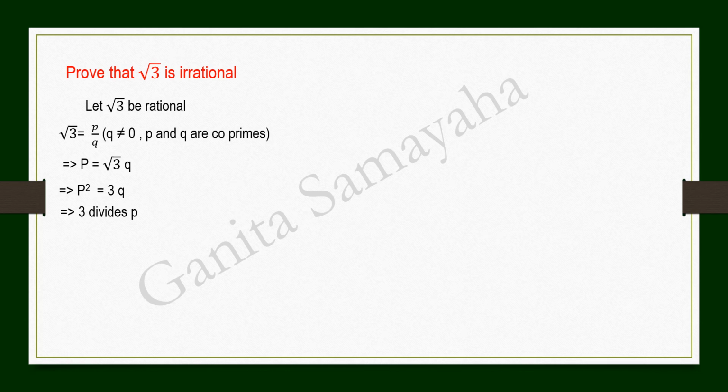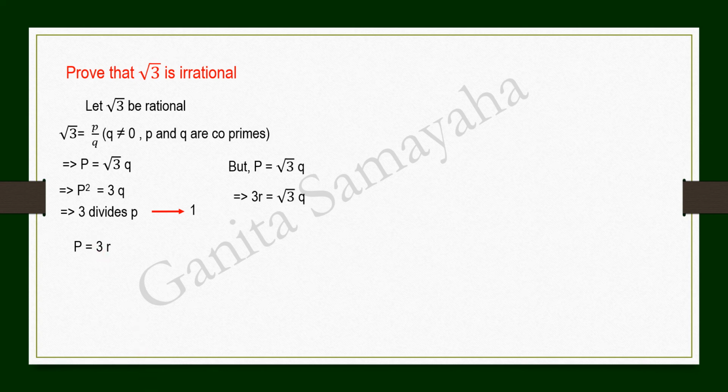Okay. So, we call this statement as statement 1. If 3 divides P, then we can write P is equal to 3 into something. We write P is equal to 3 into R. But we know what P is. What is P? P is equal to root 3 into Q. So, we consider P is equal to root 3 into Q. Substitute for P as 3R.